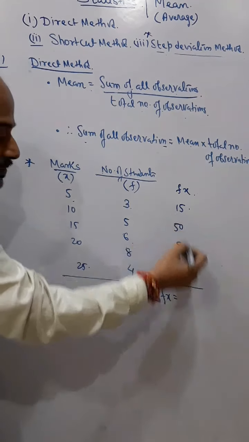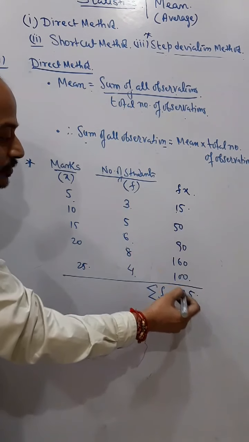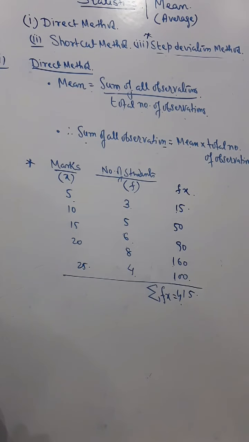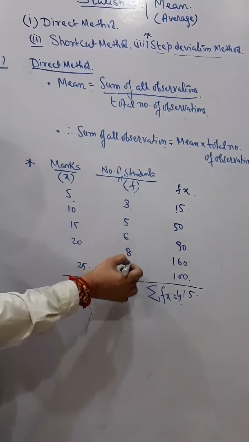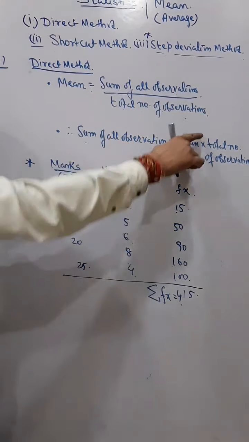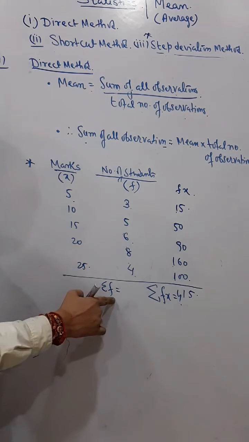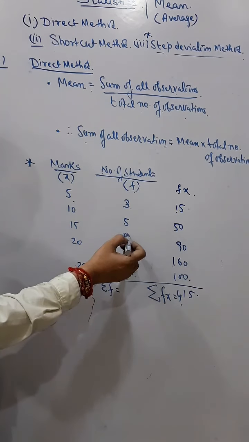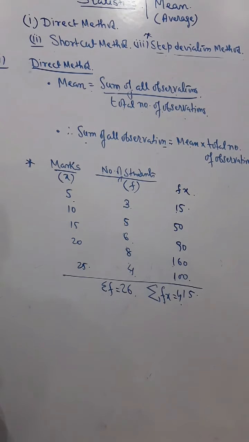We got 415 here. And then we get the sum of the frequencies, that is the total number of observations, which is sigma f, the summation of the frequency. So we get 26.